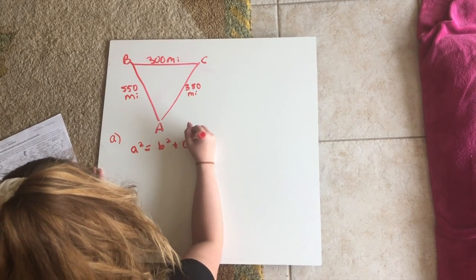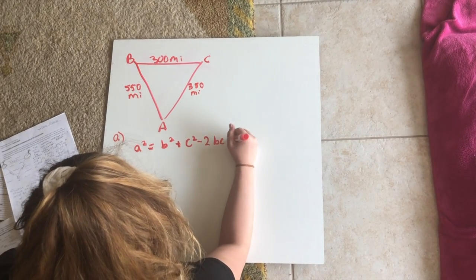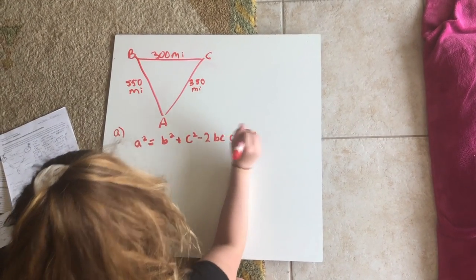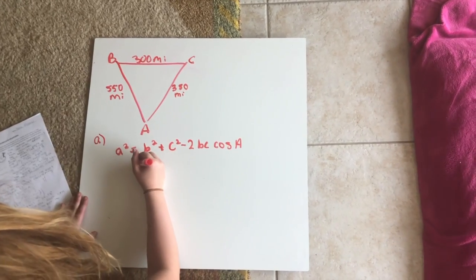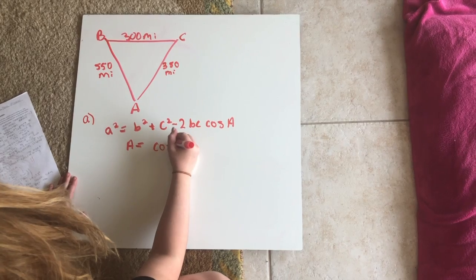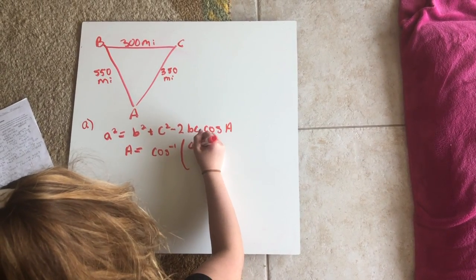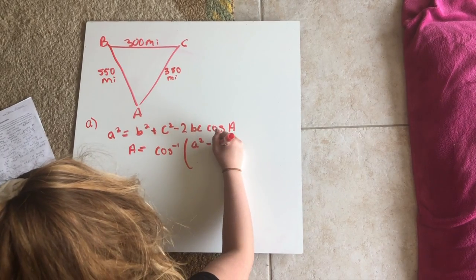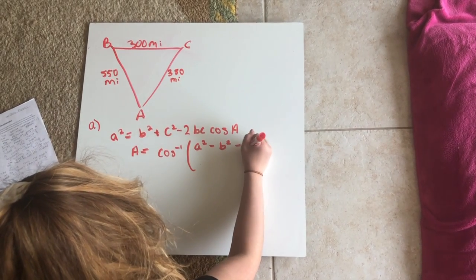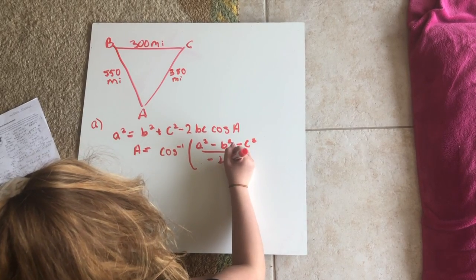Because we are given no angles A, B, or C, and we are told to find them, we need to start by using the law of cosines. The law of cosines is a squared equals b squared plus c squared minus 2bc cosine A. So, this really is A equals cosine inverse of a squared minus b squared minus c squared all over negative 2bc.